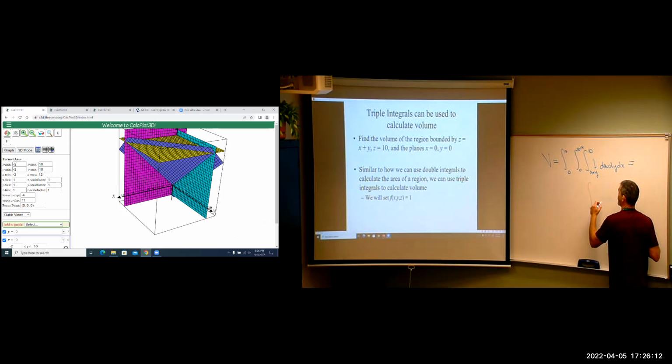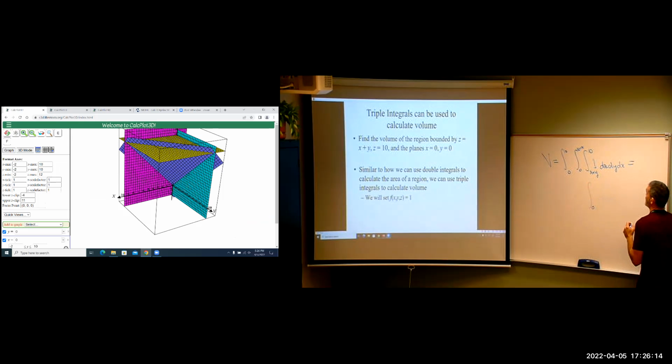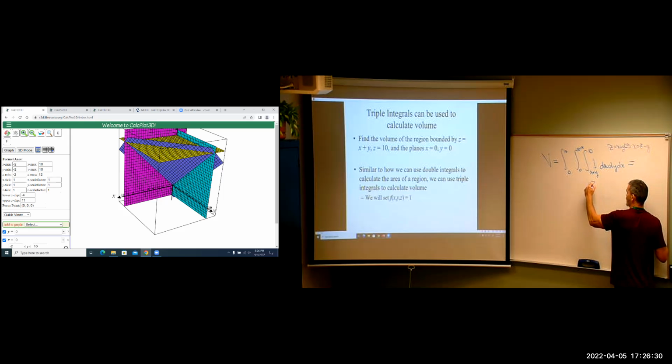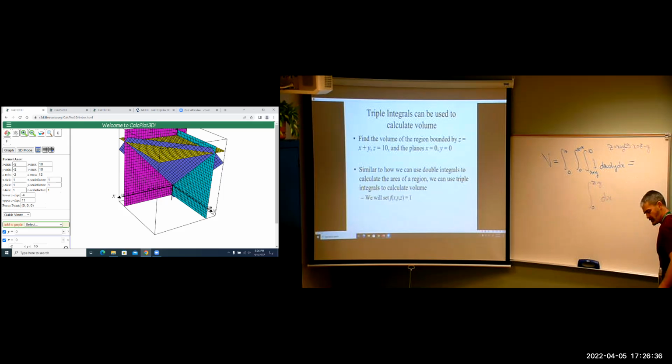X is clearly going from 0 out to the plane, which was given as z equals x plus y, except now we want it as an x limit, right? So we're going to solve that for x. So x equals z minus y. So that's our upper. Okay, and we're doing x first. Everybody okay with that?